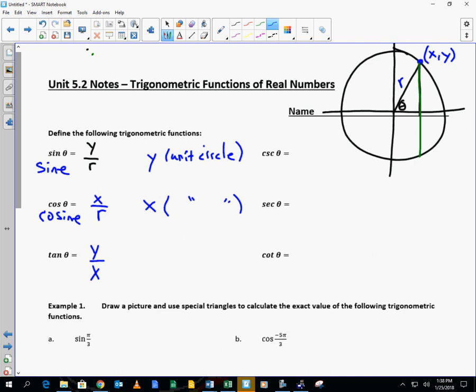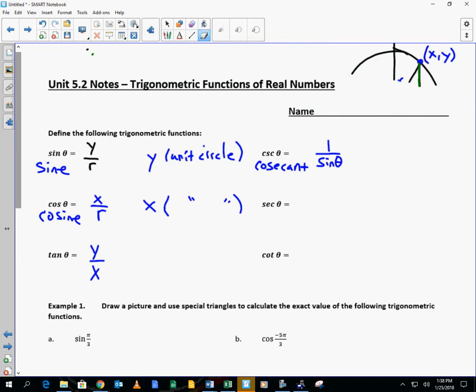This is cosecant. Cosecant is the reciprocal of sine. It is 1 over sine of theta. If I take the reciprocal of y over r, what do you get? R over y, or in the unit circle, 1 over y.